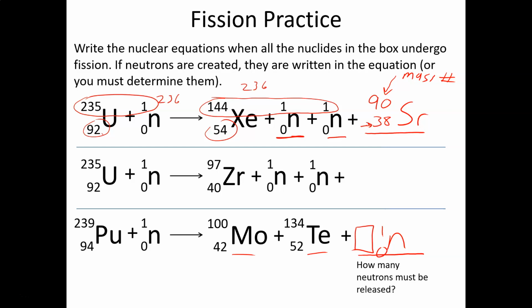So you just have to figure out how many of these neutrons, using the mass number there, is going to result in the total mass number being 240. Okay, so pause the video, do this problem here, and figure out how many neutrons for this one, and then we'll move on to some decay.